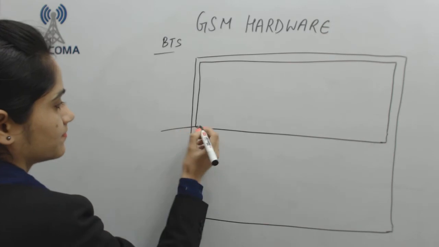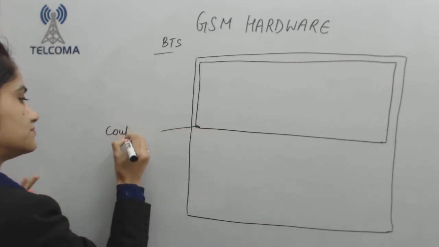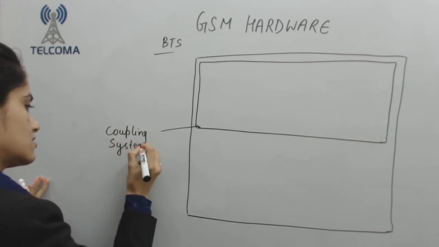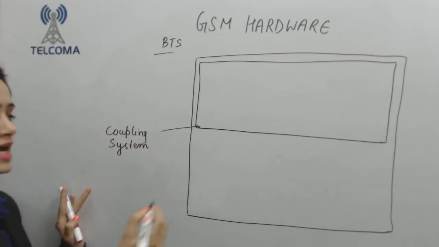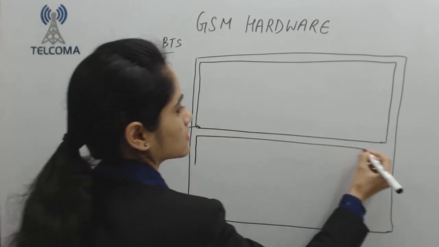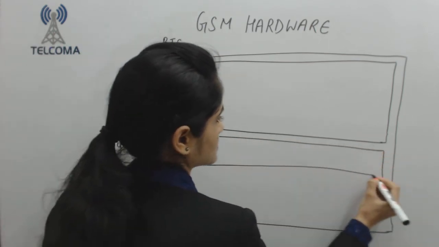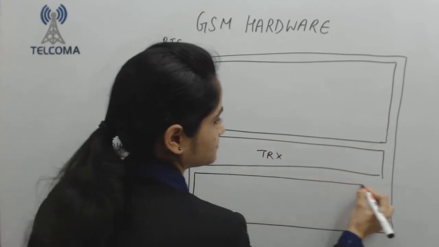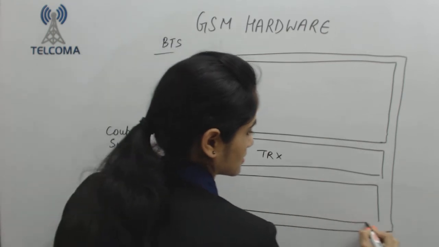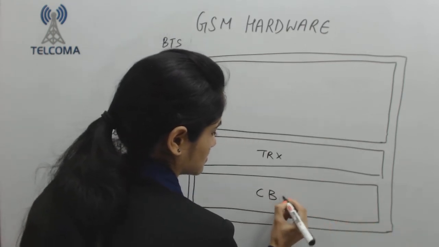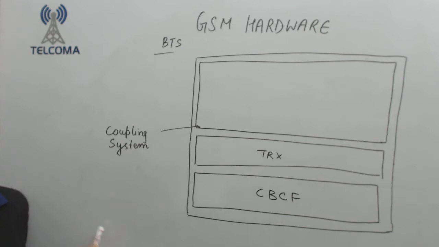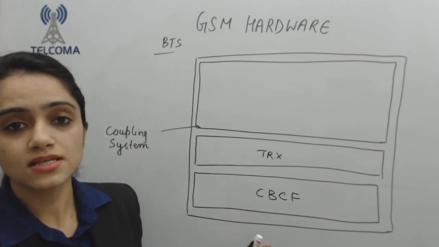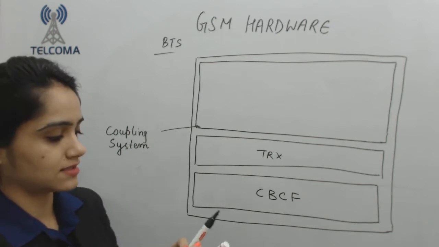After the coupling system, the second unit is the TRX, and then the third unit is CBCF. So these are the three units we have studied: coupling system, TRX, and CBCF.